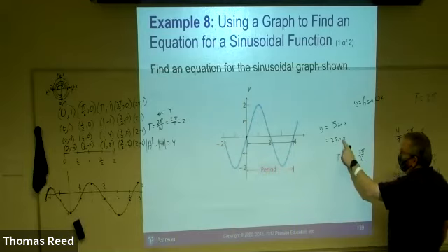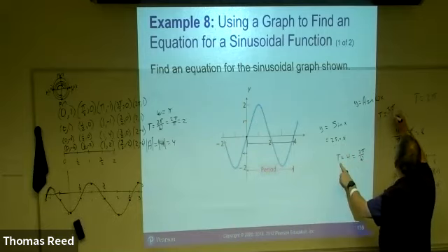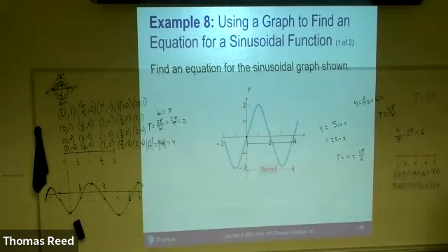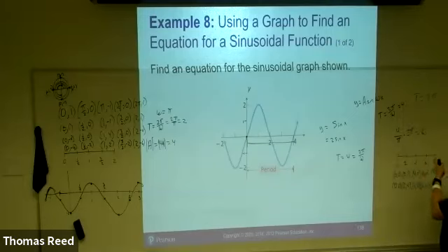Now to figure out what was going on here, we have that the period is 2 pi over omega. That's one of the formulas they gave us. Well, my period here is 4. So I'm going to solve that equation for omega. Multiply both sides by omega, and you get 2 pi equals 4 omega.